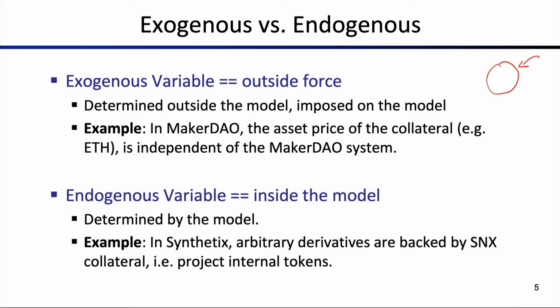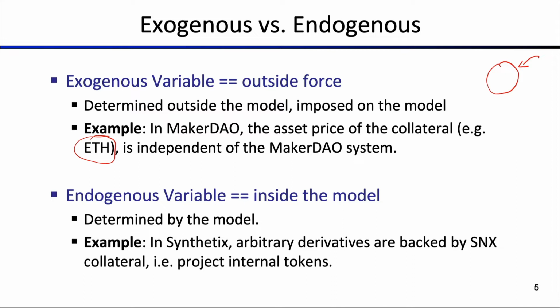So the collateral ETH, the cryptocurrency itself, can be considered independent or external to the MakerDAO system, and you bring this collateral into the system to mint DAI, right? So you can think of it as an external component, and hence the asset price of the collateral can be considered an exogenous variable.